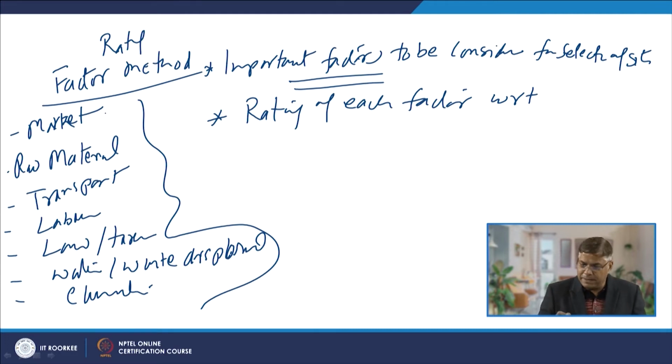The different sites may not be equally good in terms of proximity to the market, availability of raw material, transport, labor, taxation policy, water and waste disposal, and climate conditions. But if a factor matters even a little, it has to be listed, and thereafter it has to be rated, with respect to its requirement or importance for the organization for which we are looking for a site.